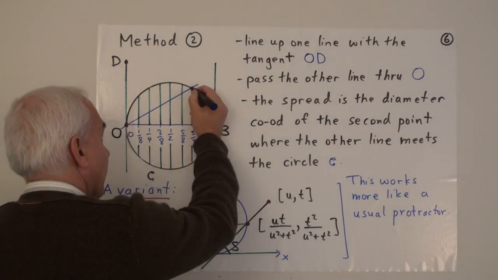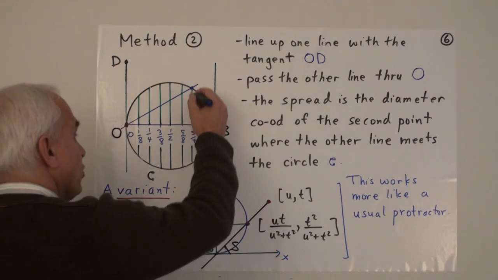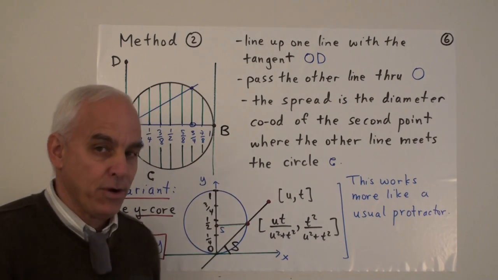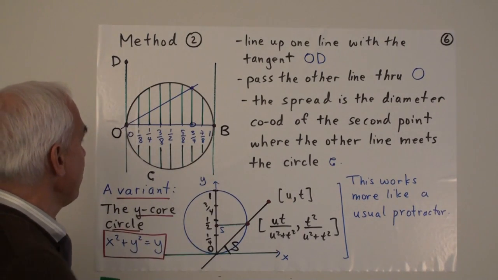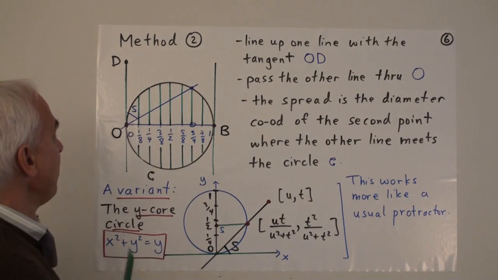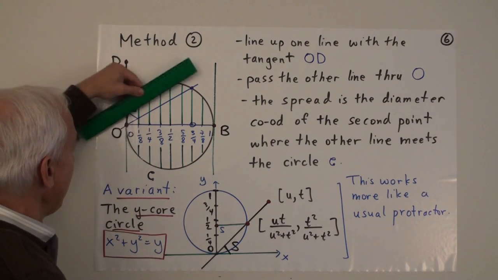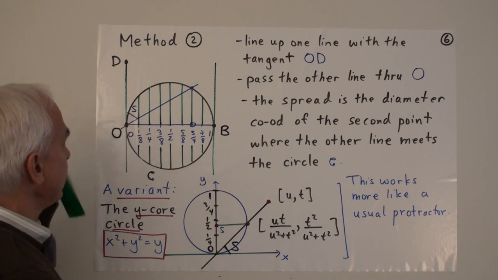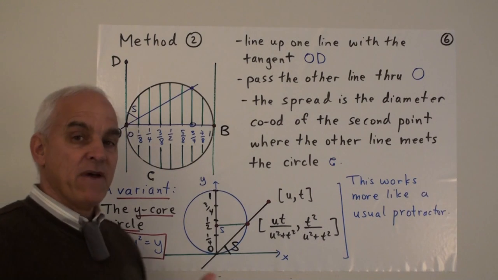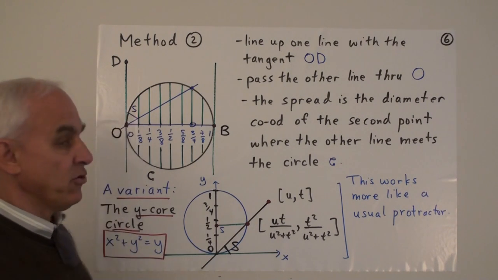We see where this point meets the core circle, drop down, and measure that linear coordinate, in that case 3/4, and then we can deduce that the spread between the tangent and that line is S. So in this case, that will be 3/4. We've just found ourselves a spread of 60 degrees.